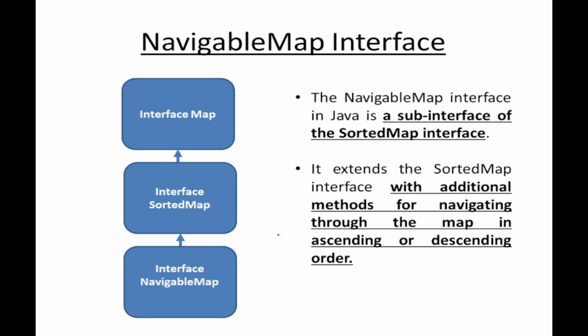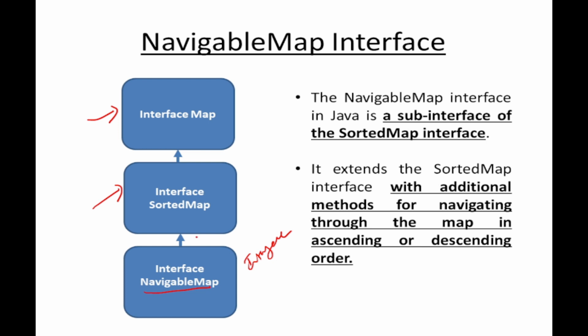The next thing in the hierarchy: you have interface map, and we know the methods supported by interface map. We have seen sorted map, which extends map and helps us in sorting the entries. Next we have navigable map, which is again an interface. Navigable map extends sorted map.